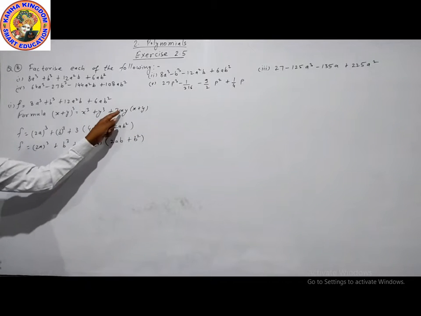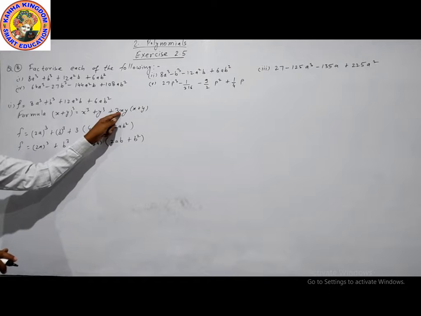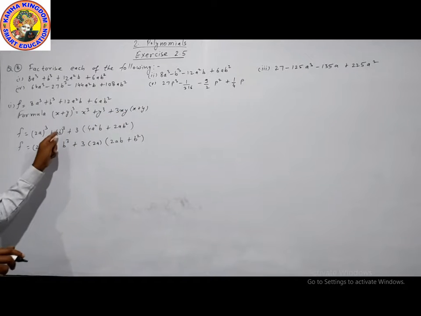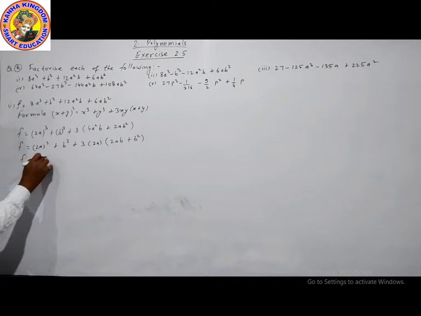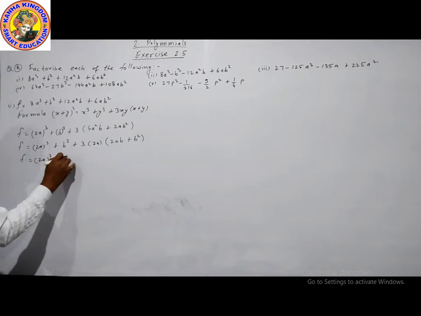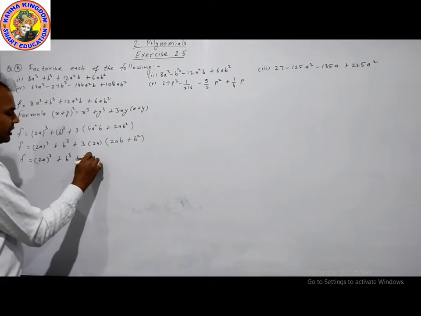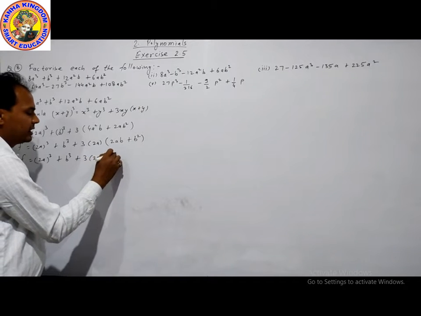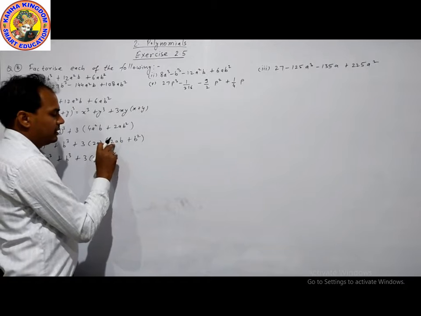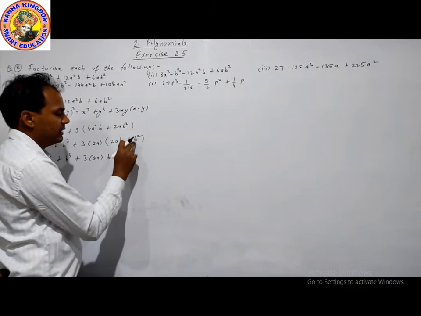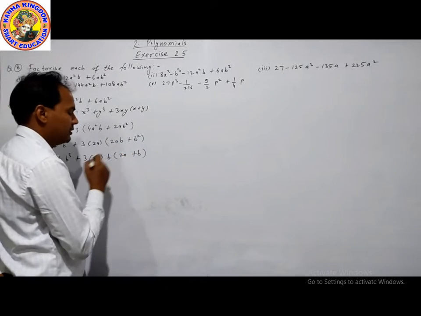Now we take x as a common. Now taking y as a common, y is b. Now taking b as a common: 2a cube, b cube, 3, 2a. Taking b as a common, dividing by b, the remaining part is 2a, and dividing by b, then b.